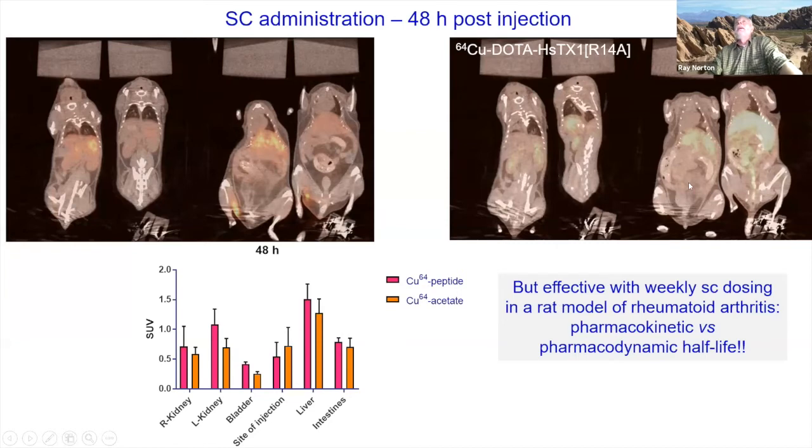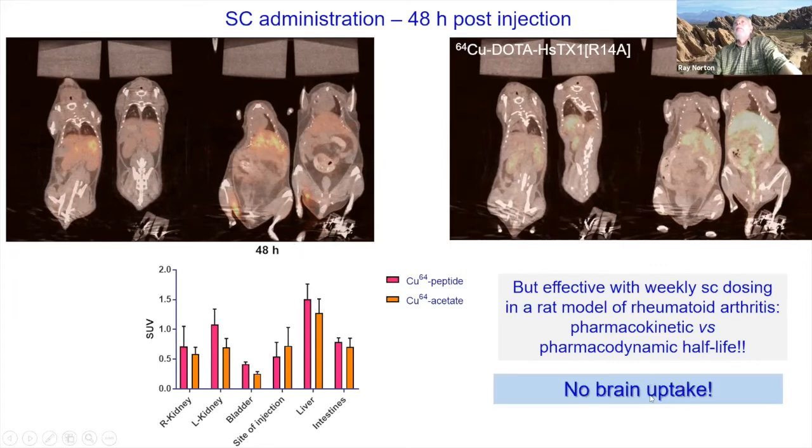And I think this is a finding that other people have made with other venom-derived peptides as well, that there's often a mismatch between the pharmacokinetic half-life, the half-life you measure from these sorts of experiments or LCMS measurements on plasma samples, and the pharmacodynamic half-life, the actual effective therapeutic half-life, which for the most part is significantly longer. So I just wanted to throw that point in while we had these images in front of us.